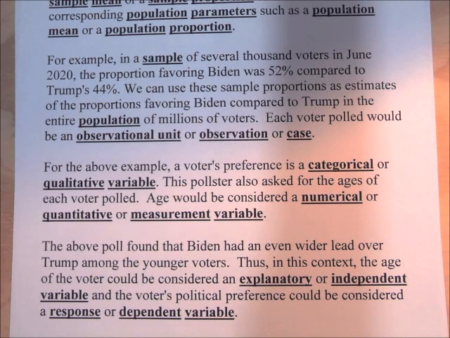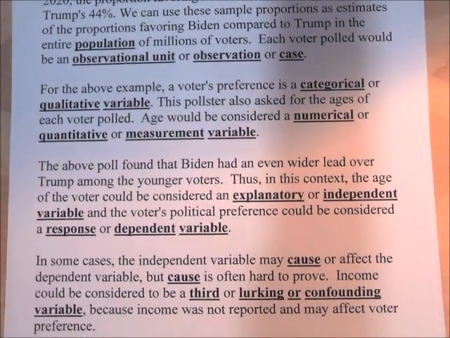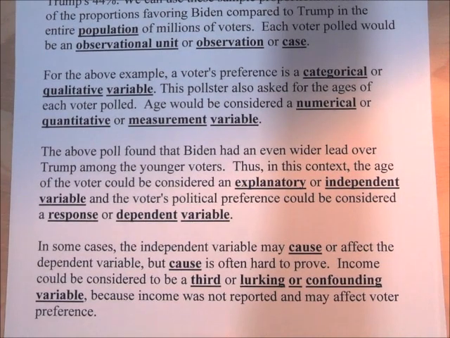So the age would be an explanatory or independent variable, and the voter's preference would be a response or dependent variable. In some cases, the independent variable may cause or affect the dependent variable, but cause is often hard to prove. Income could be considered a third, or lurking, or confounding variable, because income was not reported and may be another variable that may affect voter preference.